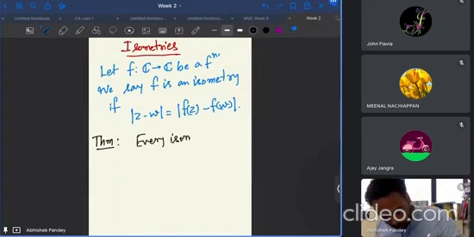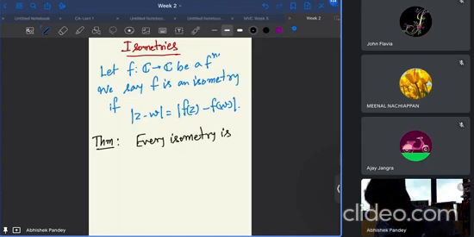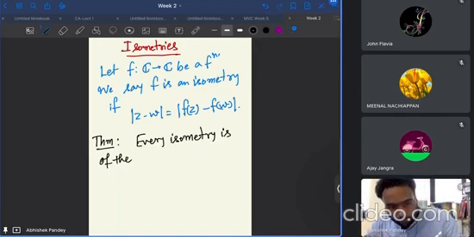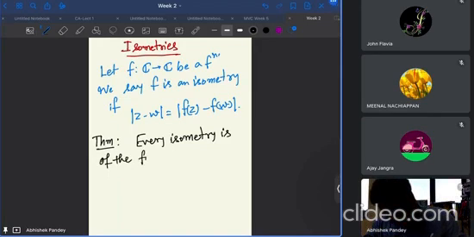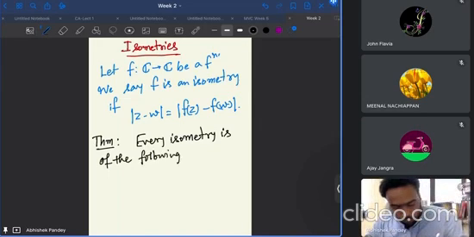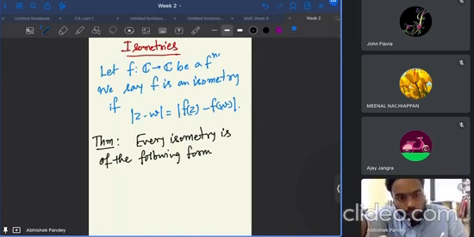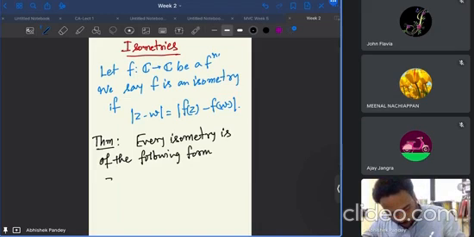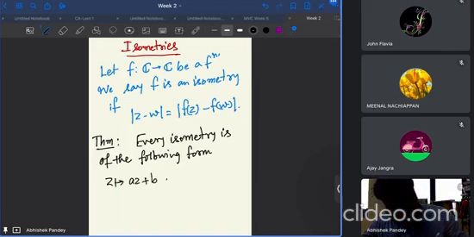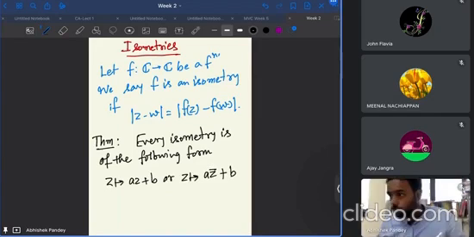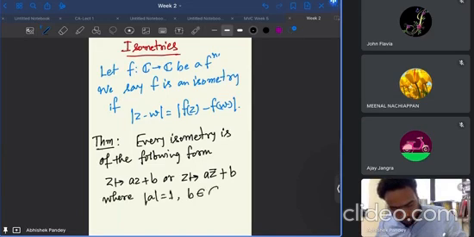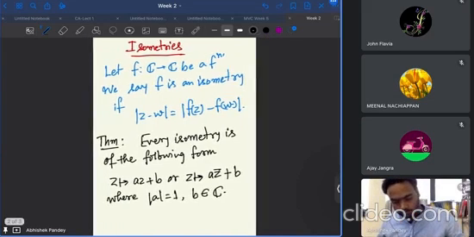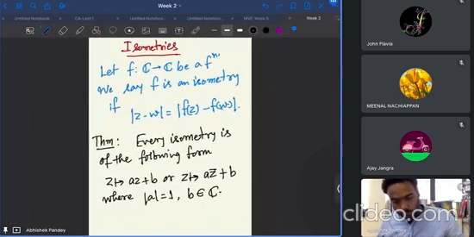Every isometry is of the following form: z goes to az plus b, or z goes to a z bar plus b, where mod of a is equal to 1 and b is any complex number. So we'll see the proof of this one.